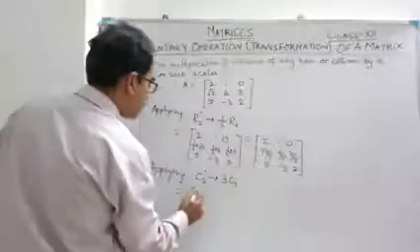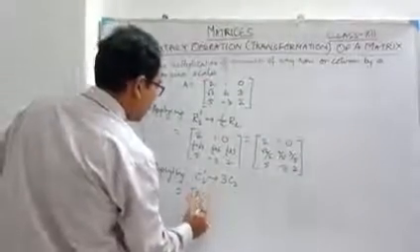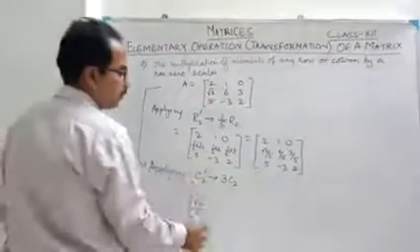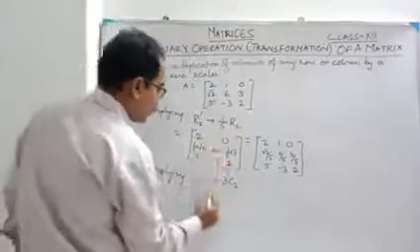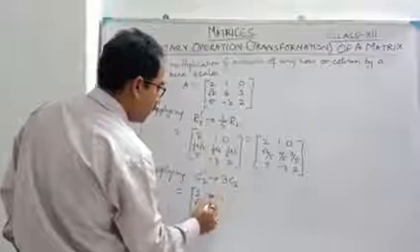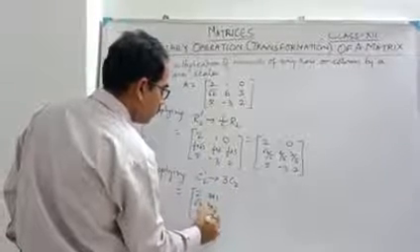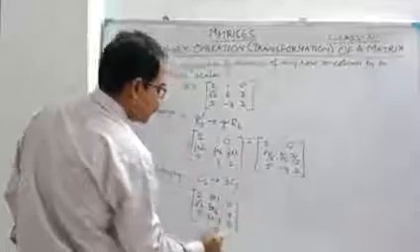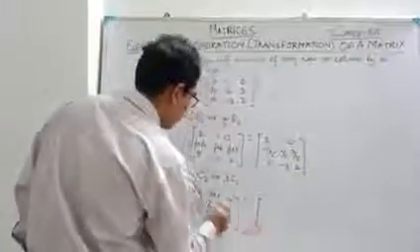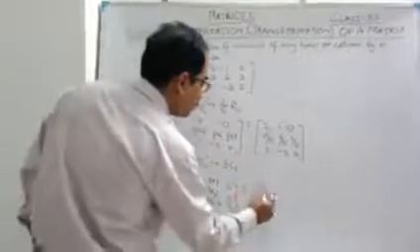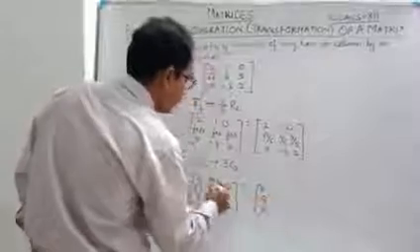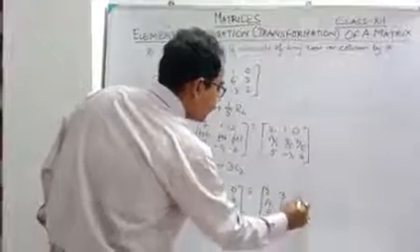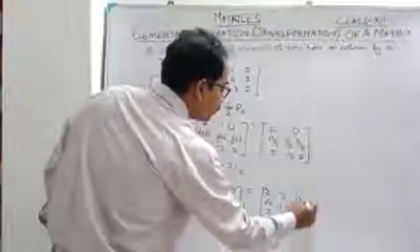C1 is this one, so 2, root 2, 5, and the new C2 will be 3C2, that means 3 into 1 here, 3 into 6 here, 3 into minus 3 here, and 0, 3 and 2 will remain as it is. So what you are getting, 2, root 2, 5, then 3, 18, minus 9 here, and 0, 3, 2.